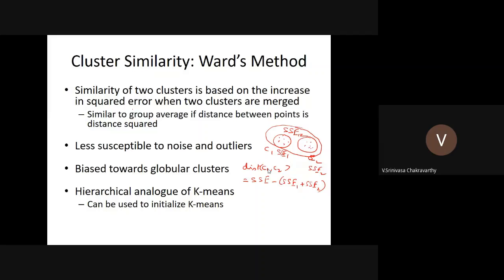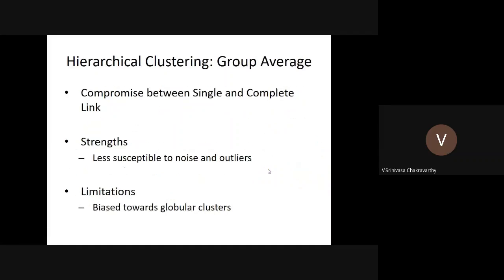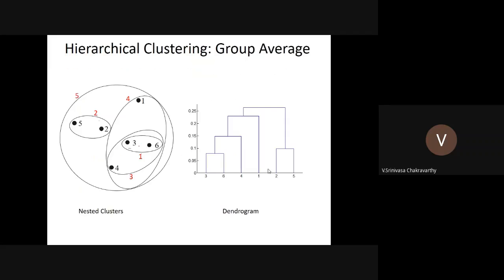And it's a hierarchical analog of k-means. What the other hierarchical clustering methods don't have until now is any objective function. You should always have a proximity measure whenever you do any clustering, so that is the basic.